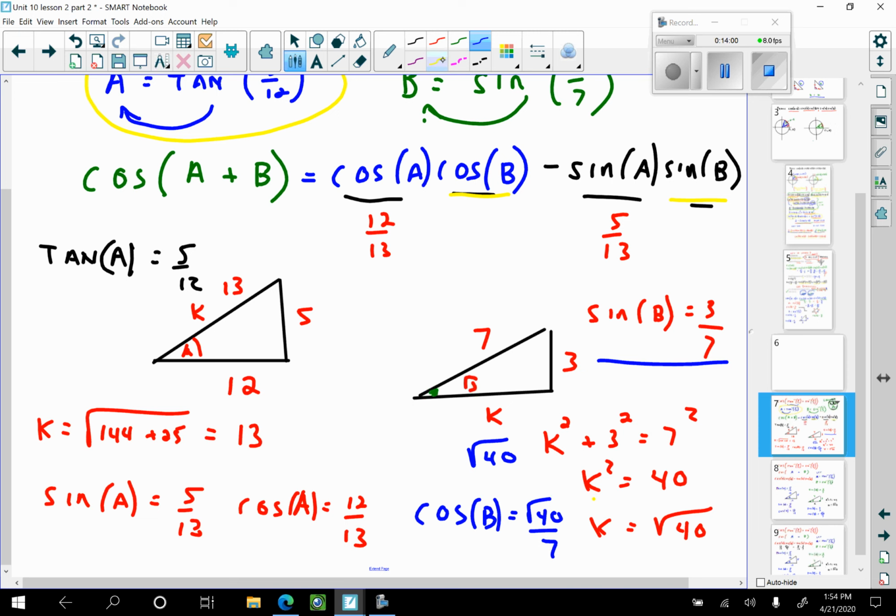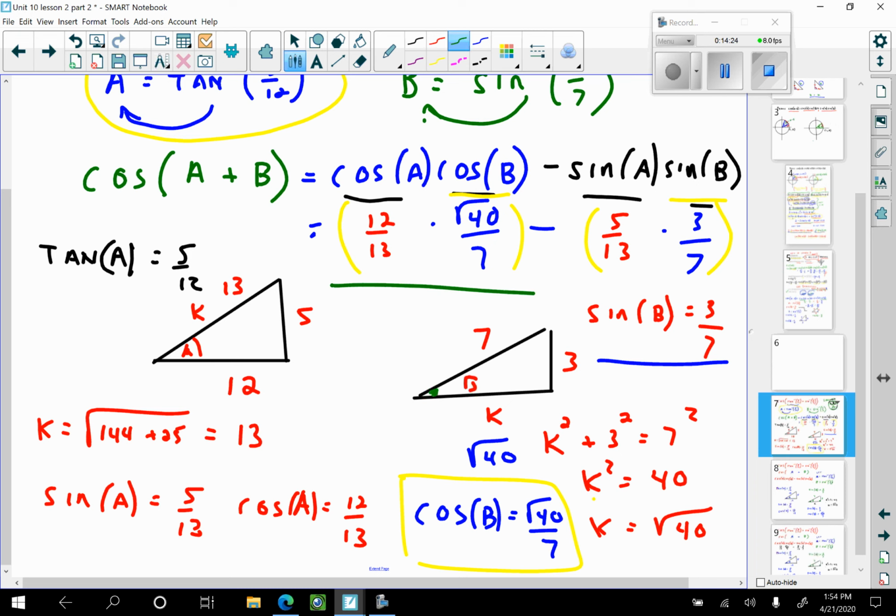So I'm going to put this in for cosine of B. It's going to be square root of 40 over 7. And the sine of B, we know, is 3/7. I'm going to just leave this like it is. I have this product minus this product. And right here, if you get that far, good enough.